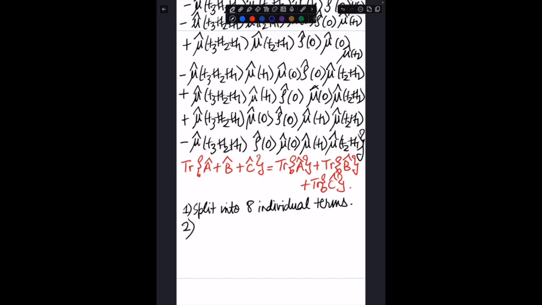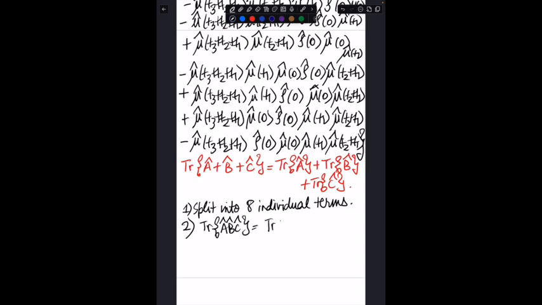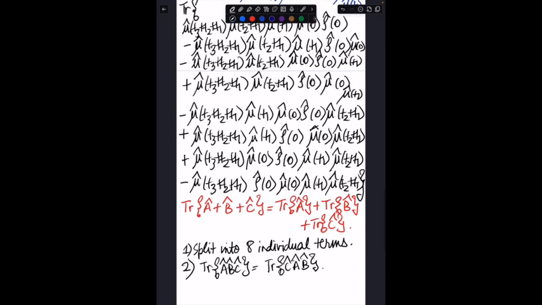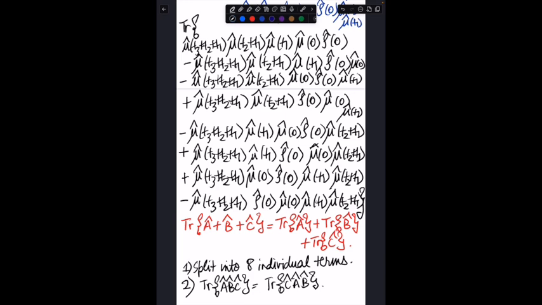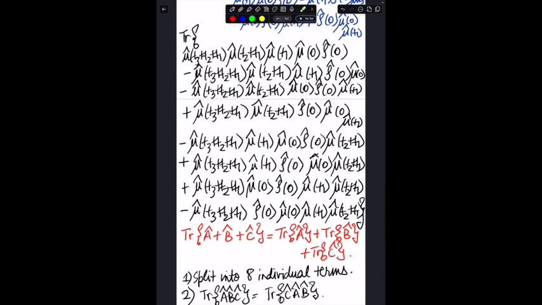And number 2 would be I will use the cyclic property of the trace, which is that the trace of A hat, B hat, C hat will be equal to the trace of C hat, A hat, B hat, which we have proved in the density operator 1 lecture. And what will end up happening is I want all these terms with rho 0 all the way to the right.